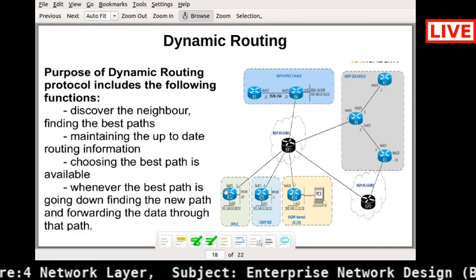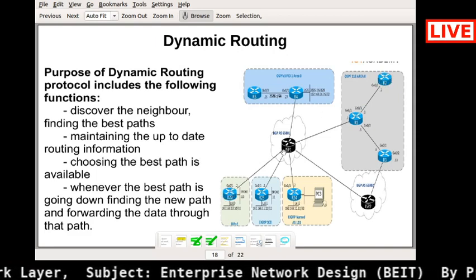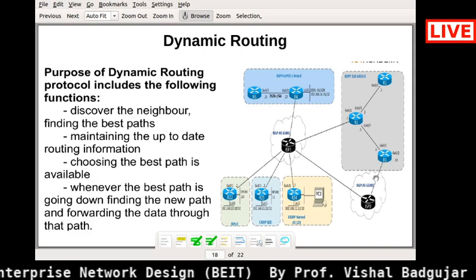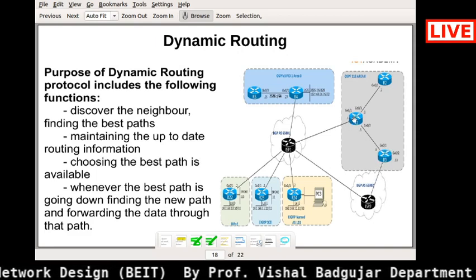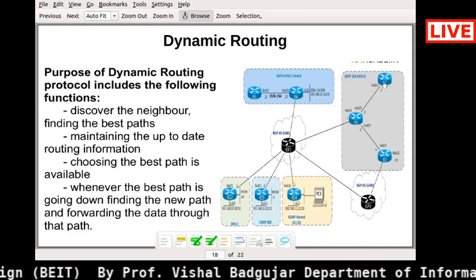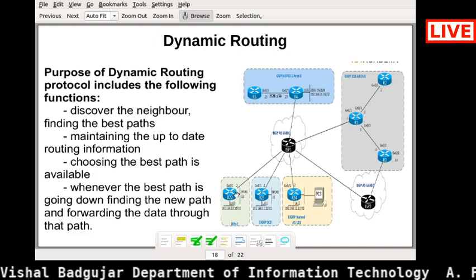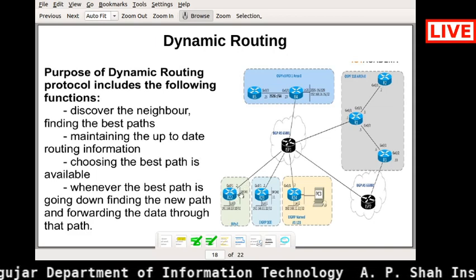This is one way. Another way is from this router to ISP1, from ISP1 to ISP2, then R3, then R1, and then R2. Then what is the functionality of dynamic routing? It is useful for discovering the neighbors and the best path.